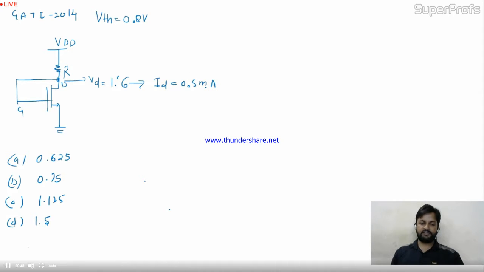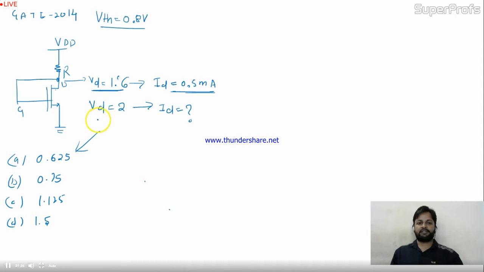If VD is adjusted to 2 volt by changing the value of R, what is the new value of ID in milliampere? The options are given over here.